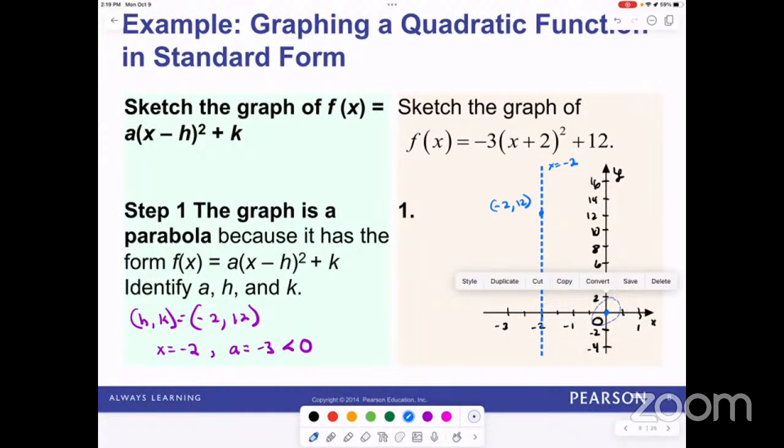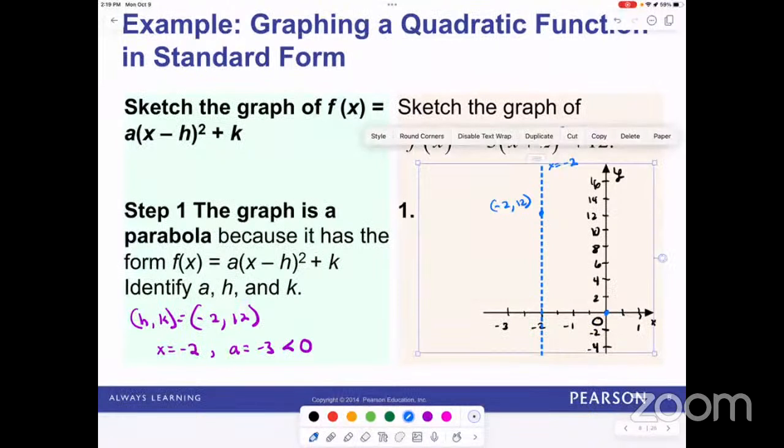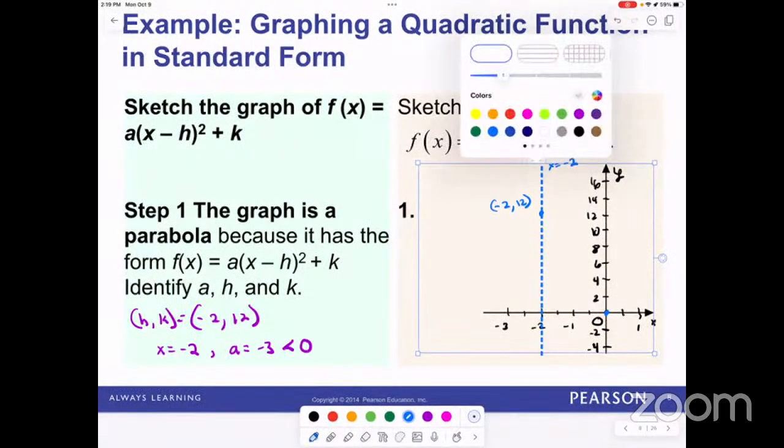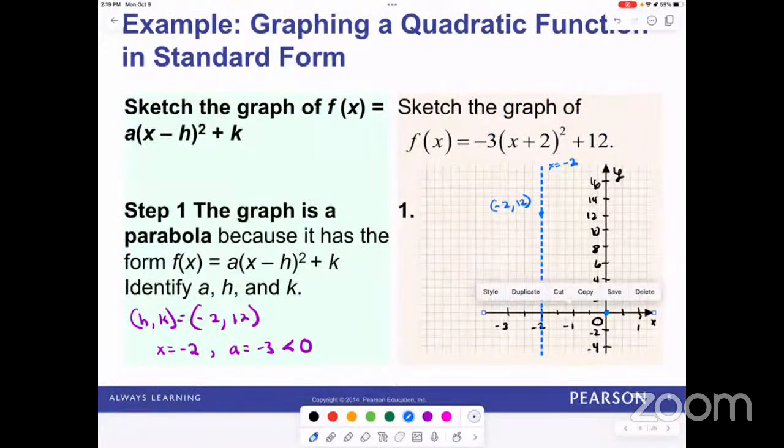Okay. So let's bring this back. So that's negative 3. That's going to be negative 4 right there. So that means when we go 2 to the left, we should also be at 0. That means right here.